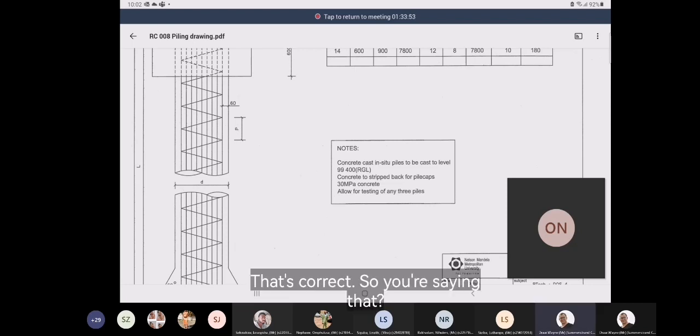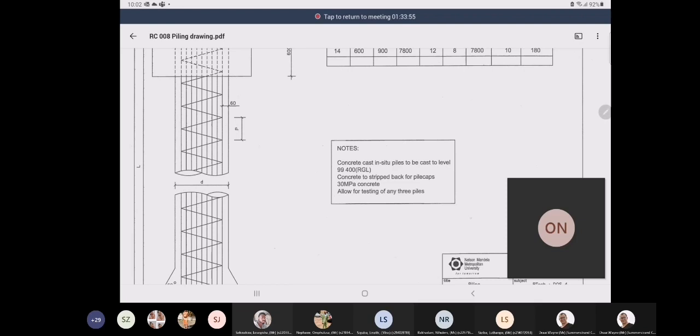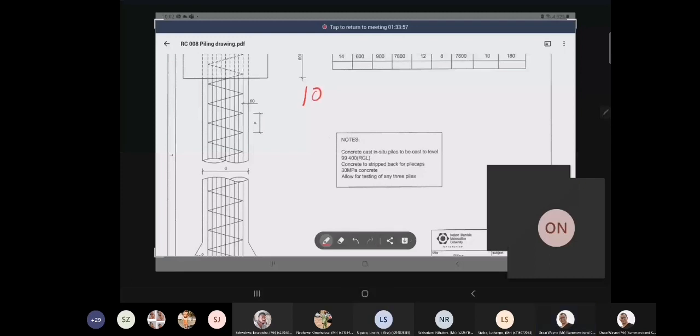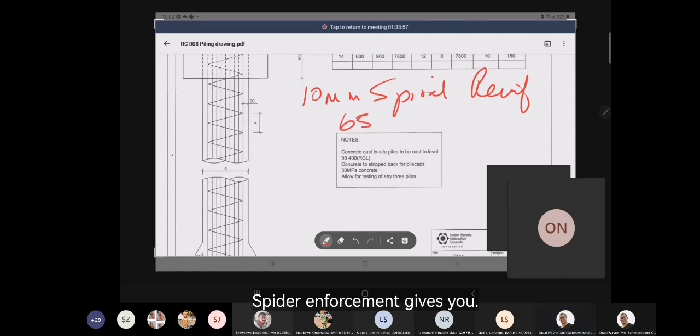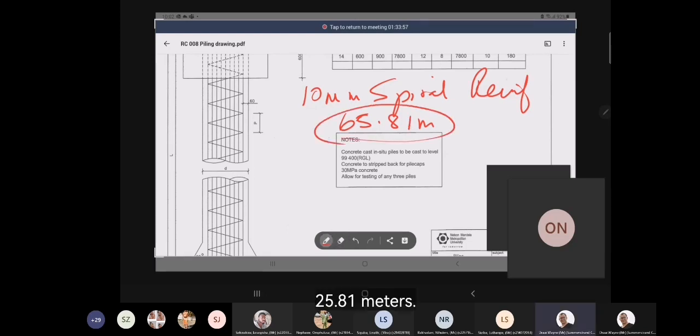So you're saying that the 10 millimeter spiral reinforcement gives you 65.81 meters. That's what you're saying?